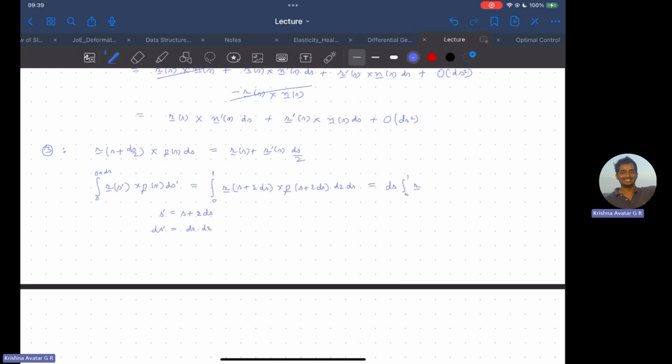We'll have r of s plus epsilon ds cross p vector of s plus epsilon ds, then d epsilon. Here we can use Taylor series expansion.